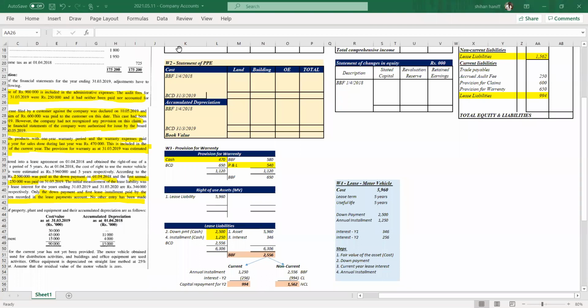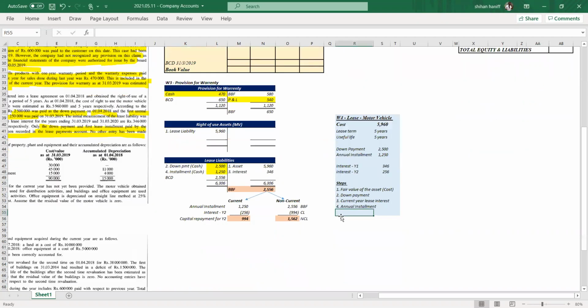So it's not over yet. We need to calculate the depreciation. Depreciation is step number 5. It's a separate step. Step number 5, annual depreciation. Depreciation equals cost divided by useful life.